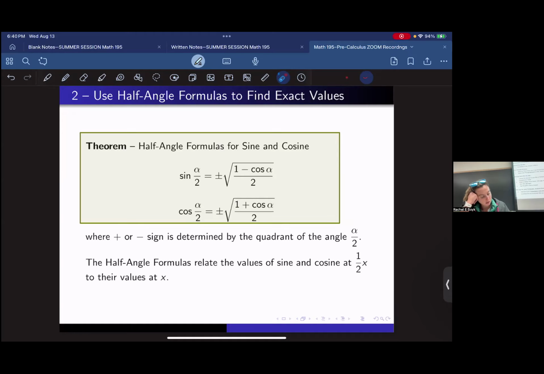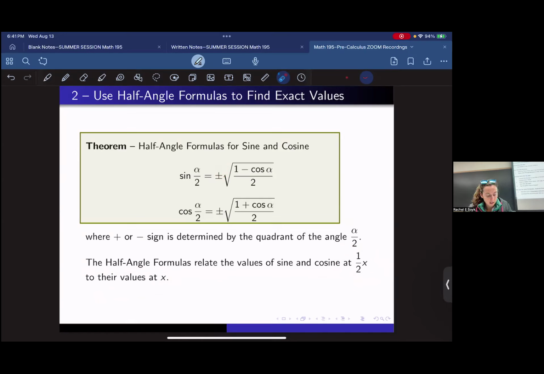And so this comment on the bottom is stating that they relate the values of sine and cosine at 1/2 x to their values of x, aka half angle formulas. And then these plus and minus signs just determine what quadrant we're talking about.